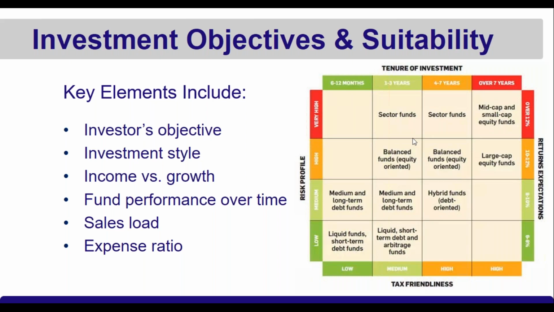So this table, like I said, I'm not going to spend time going over because we have a lot of other things to cover, and you will get this table or something like it covered in the suitability webinar.